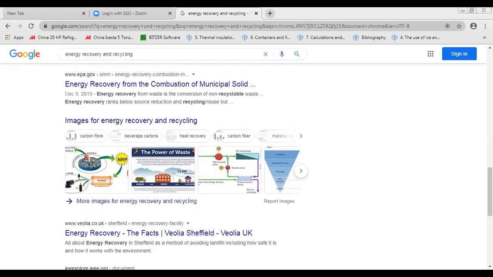Let me draw. Correct me if I'm wrong, because you are experts, not like me, when it comes to vehicles.